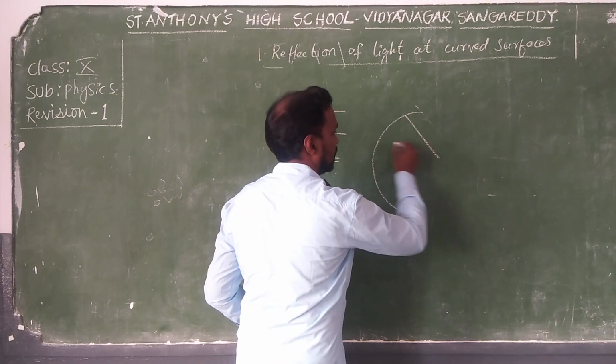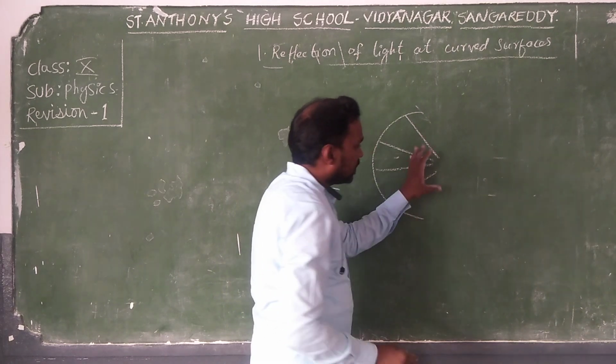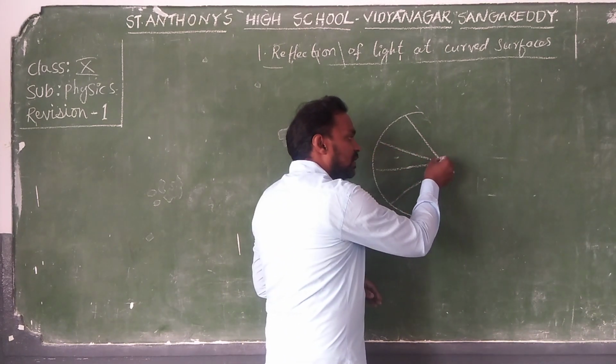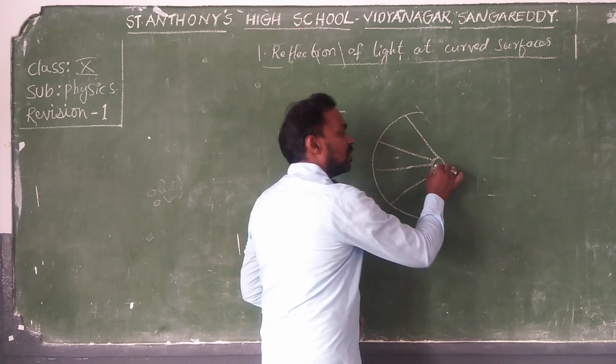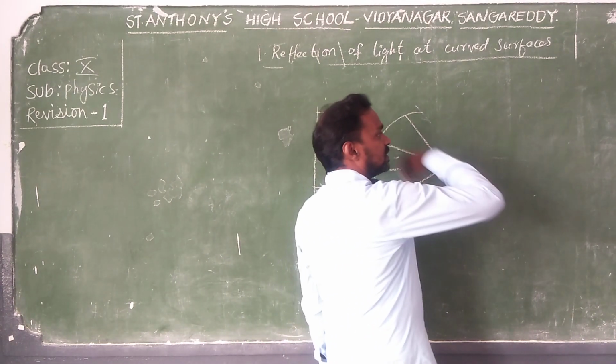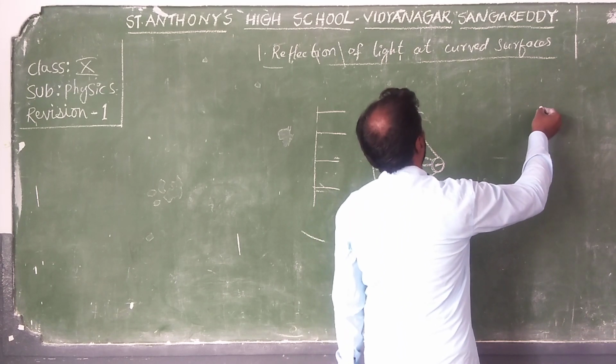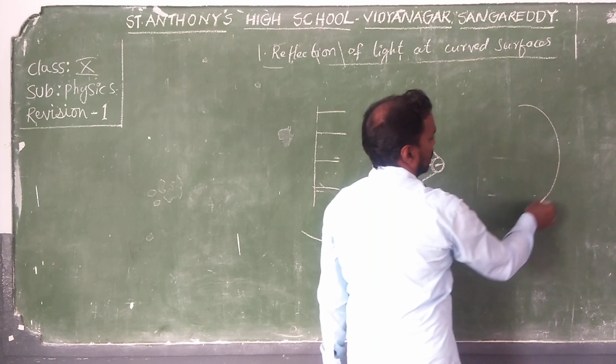All the pins will come like this, that means they come to meet at one point. This is called the point of convergence. And if you bend it to the other side, they will go away from that side. How will they go?